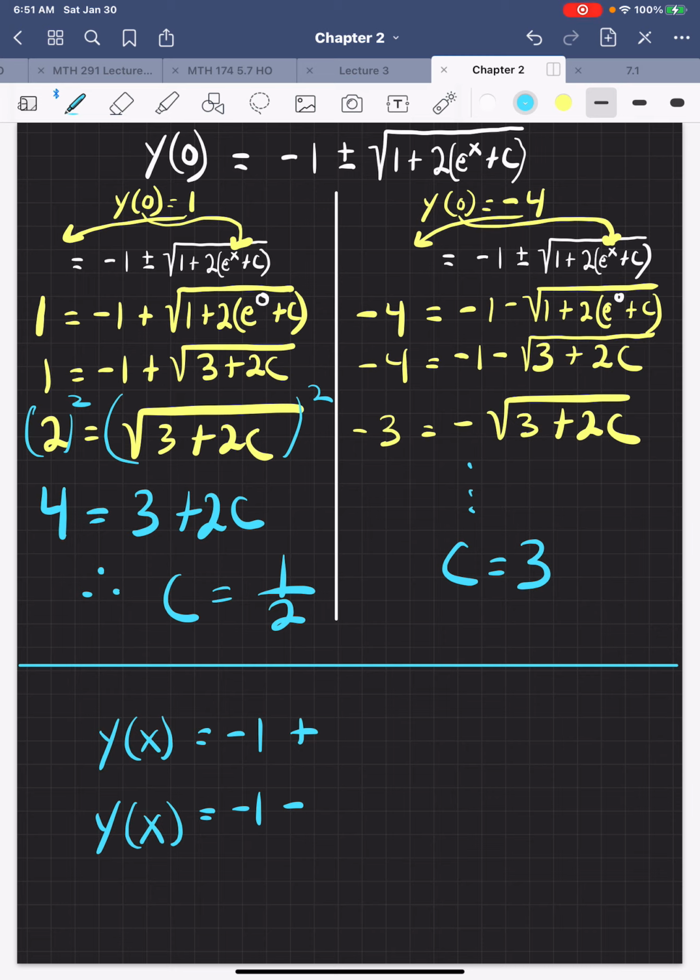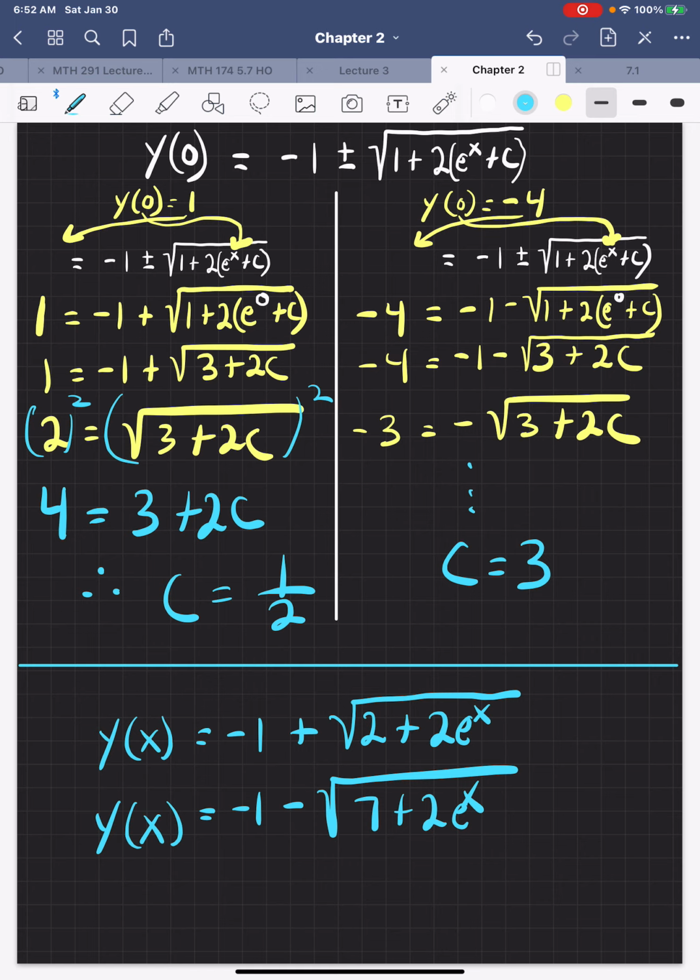So plugging in a 3 here, you'd have 2 times 3. You have to do a little bit of arithmetic here, plugging a 1/2 in there. So we end up with the square root of 2 plus 2 e to the x, and the square root of 7 plus 2 e to the x. You see how I did that, right?